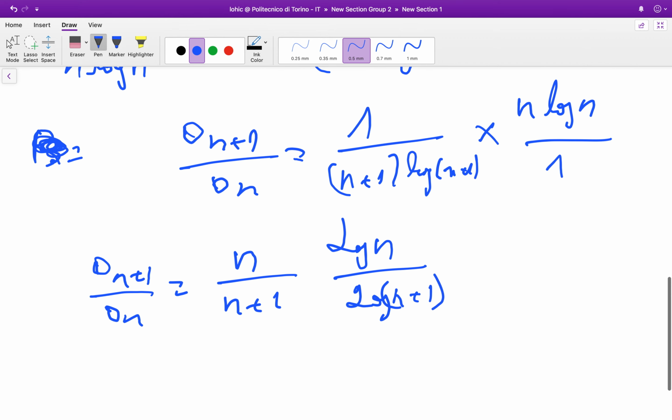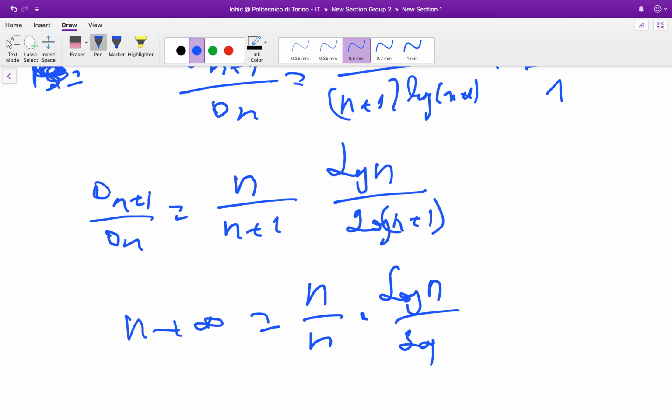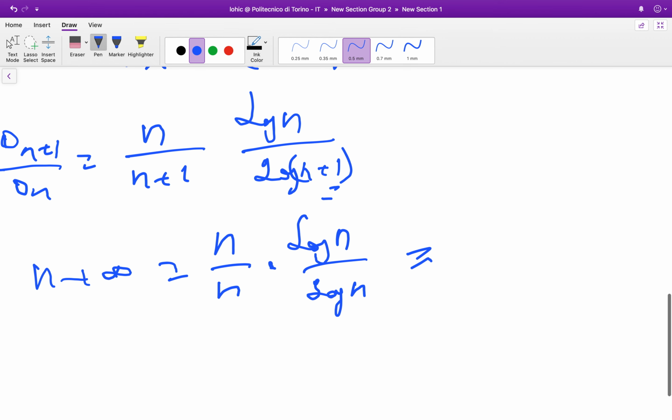Okay, now if I do the limit when n tends to infinity, this will lead to n over n, because I take the most important term, multiplied by the log of n over the log of n, because also here the 1 is negligible. So we reach that this limit is 1, right?